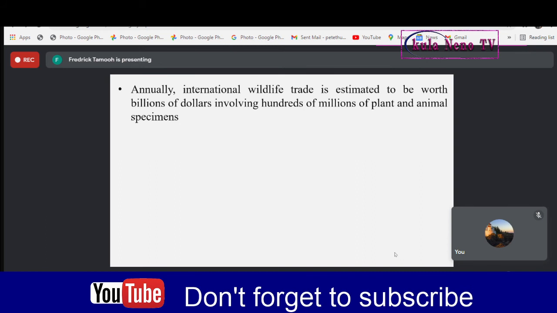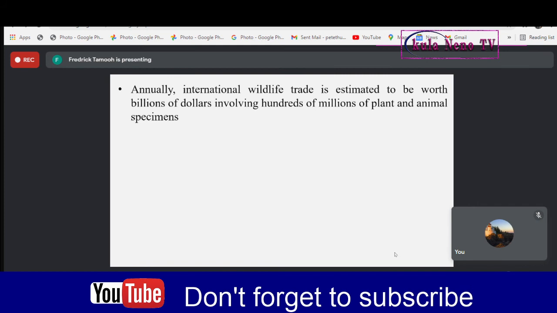For example, when you go to our airport, you will find the presence of Kenya Wildlife Service with their sniffing dogs and intelligence in place to check for illegal trade.